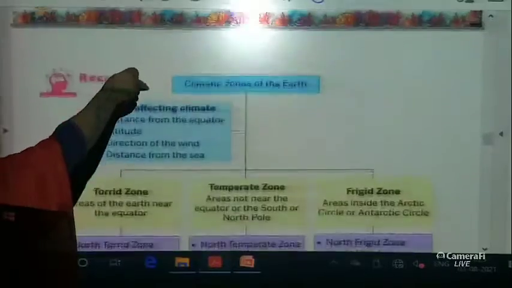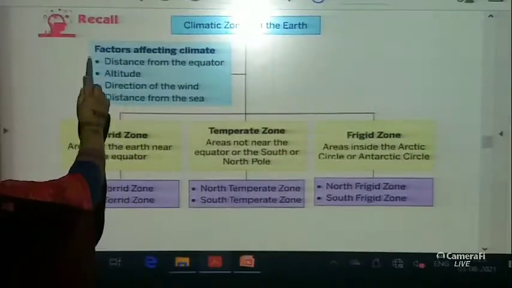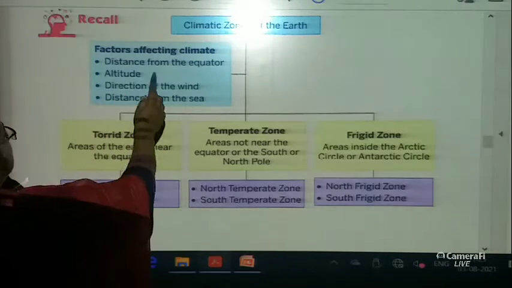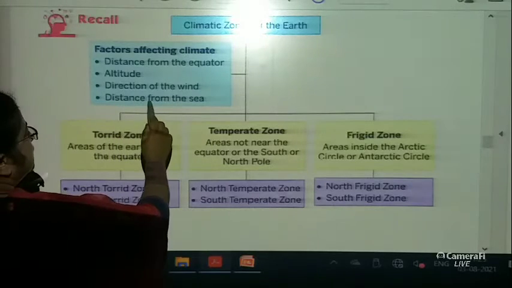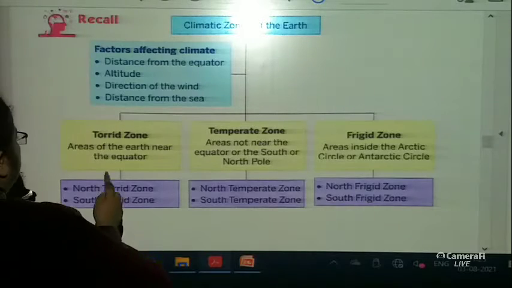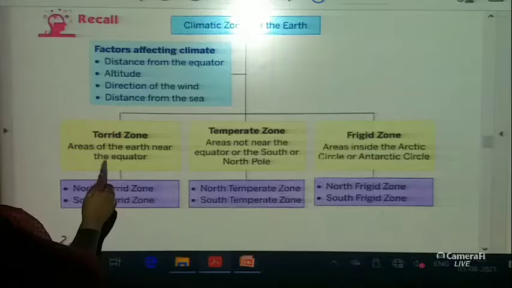Okay, let us sum up the climatic zones. The factors affecting the climatic zones are distance from the equator, altitude, direction of the wind, and distance from the sea. Now there are three zones. Torrid zone: areas of the earth near the equator.